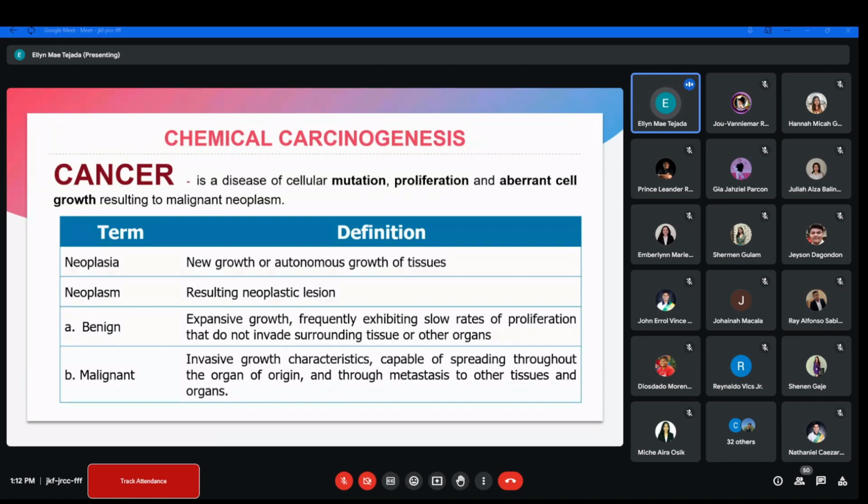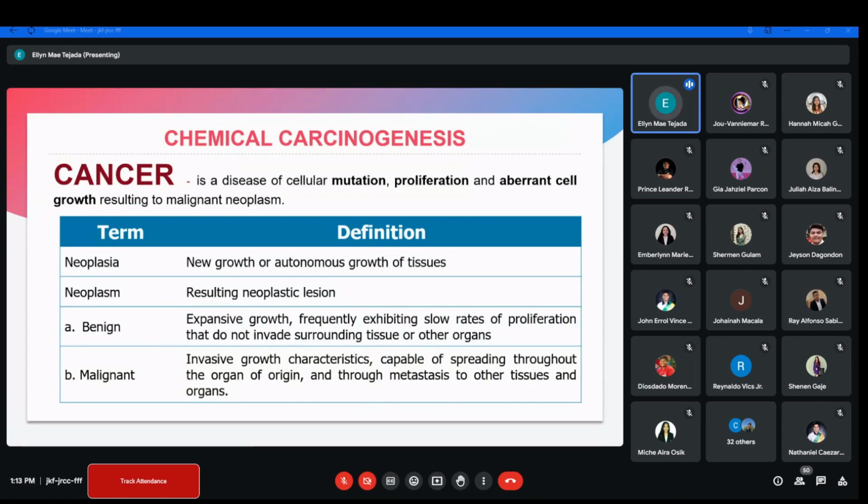It doesn't grow rapidly. However, the malignant is the opposite. It grows massively and proliferates faster. So there you go. These are the terms that are going to be mentioned from the term cancer.